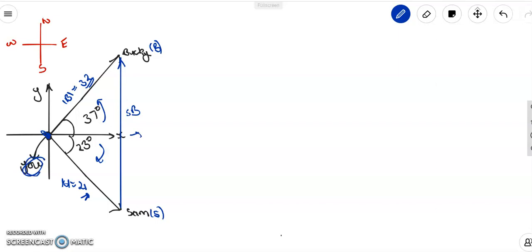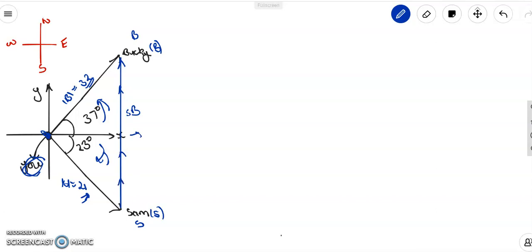Bucky is 32 meters away, 37 degrees north of the east, and Sam is 21 meters away, 23 degrees south of the east. I labeled Bucky's place B and Sam's tent S. What we want to find is the magnitude of this vector SB from Sam's tent to Bucky's tent.